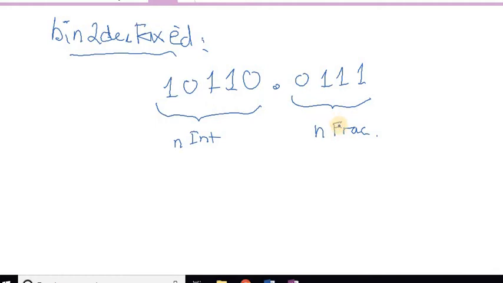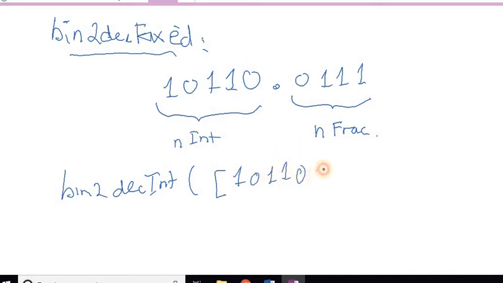Right. We want to make use of our bin2decInt that we had before. So what we can do is just first treat it as an integer and convert all the bits together. So I can first take bin2decInt of this whole number, so that would be 1, 0, 1, 1, 0, 0, 1, 1.